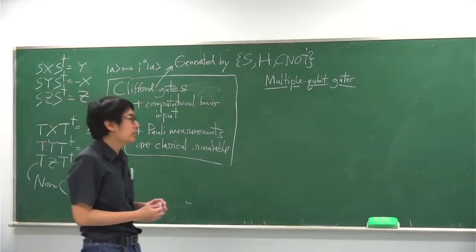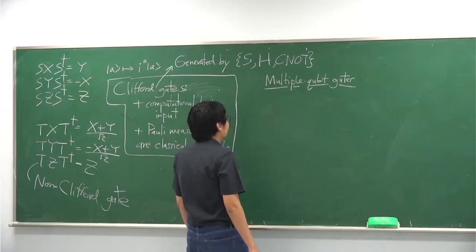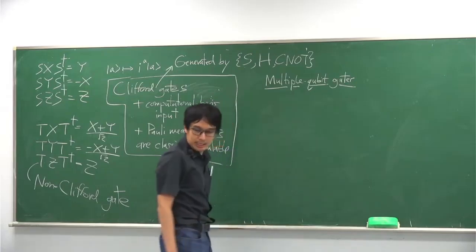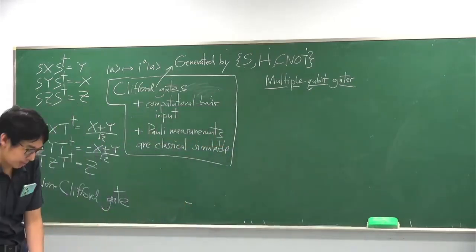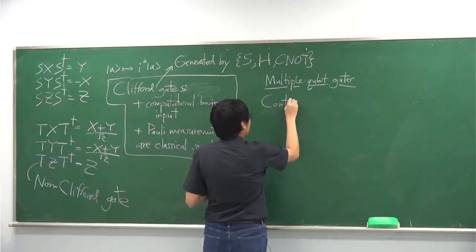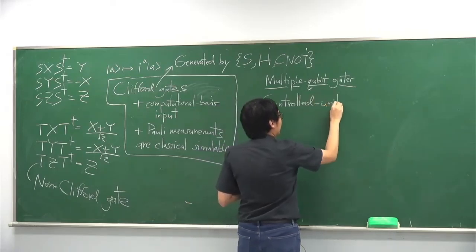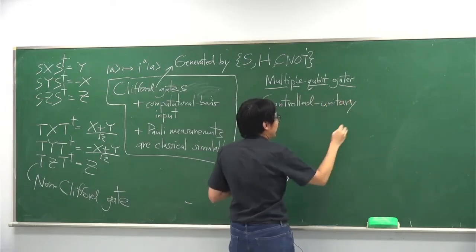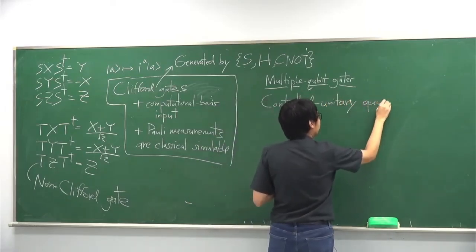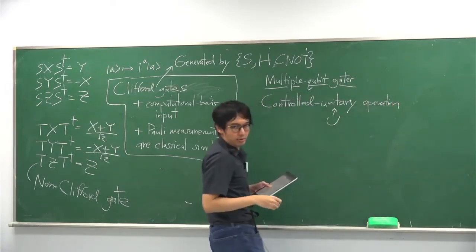But a common class of gates, or a way to divide gates, is the so-called control unitary operations, or just control U.